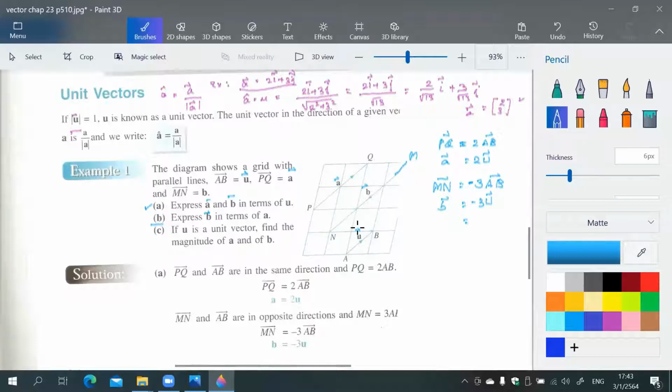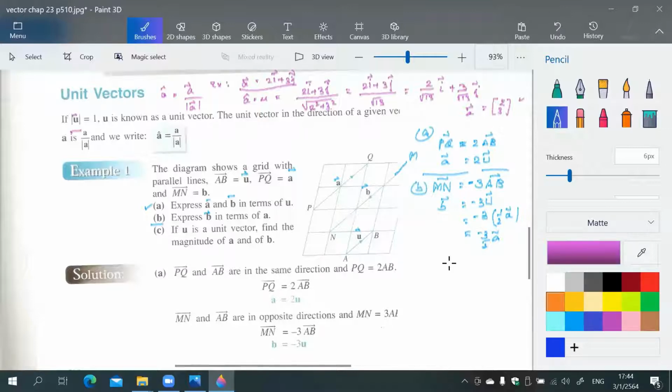You see, AB is U, which is a half of PQ, or vector A. So U is 1 over 2 of vector A. So minus 3U equals minus 3 over 2 of vector A. Then we get equation B. This is equation A, and this is equation B.